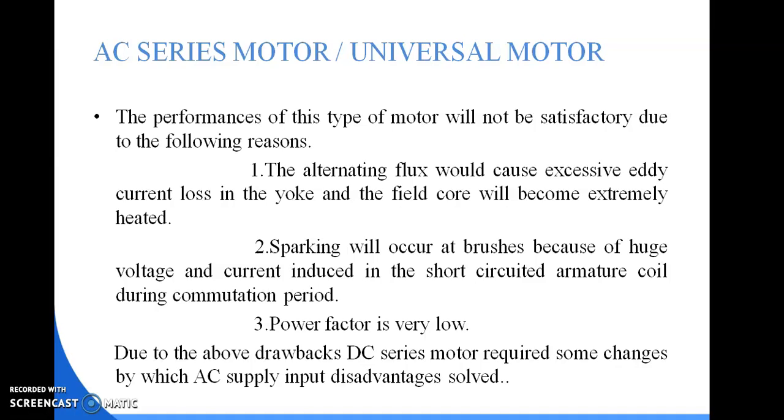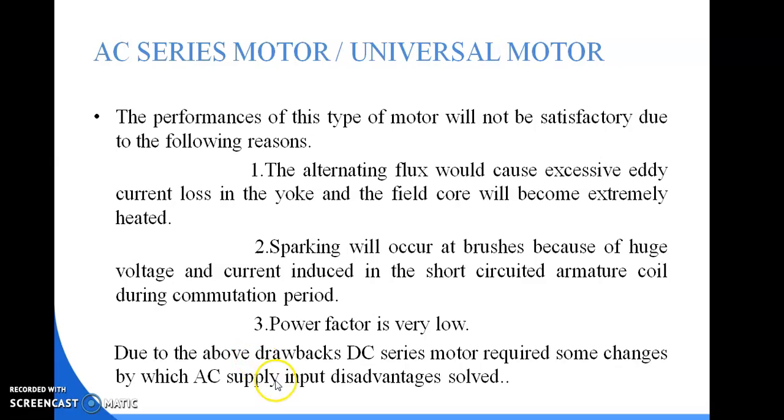Due to this extreme heat, the motor operation is not satisfactory. Second, sparking will occur at the brushes because of huge voltage and current induced in the short-circuited armature coil during the commutation period. Third, the power factor is very low.